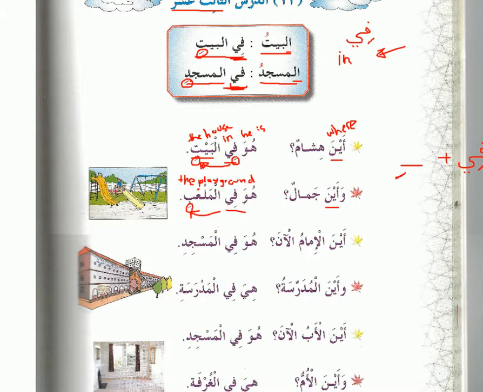Okay, the next sentence. Aina al-imam al-an. It's in the sentence right here. Al-mal'abi. Aina al-imam al-an. Okay. We haven't learned what al-an is, and inshallah I'll tell you that right now. So first of all, you guys tell me Aina al-imam. Where is the imam?